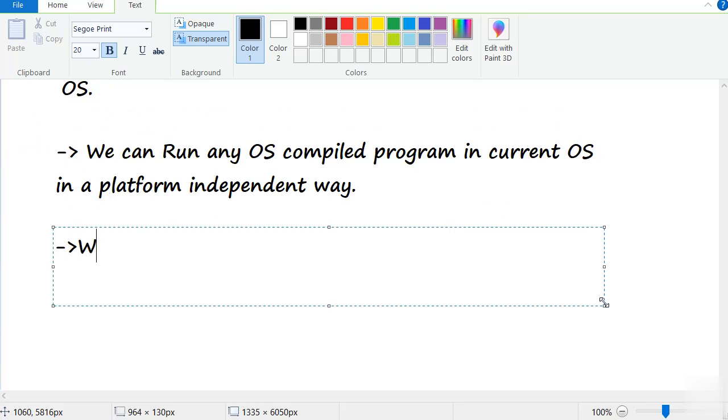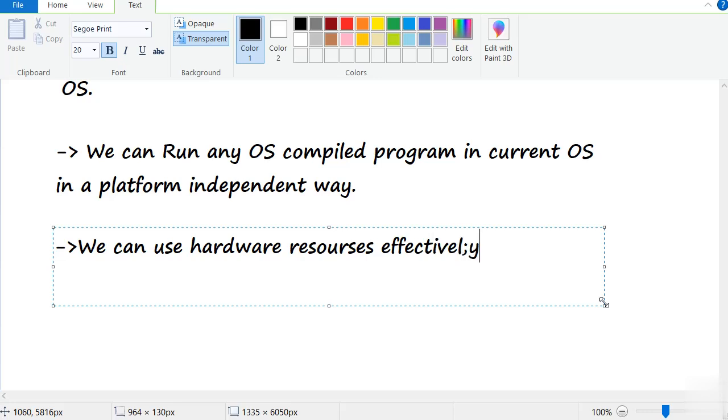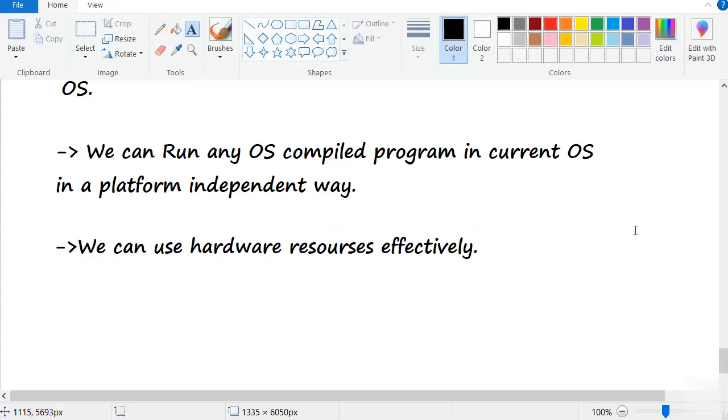Next, we can use hardware resources effectively. These are the benefits in a virtualized machine.